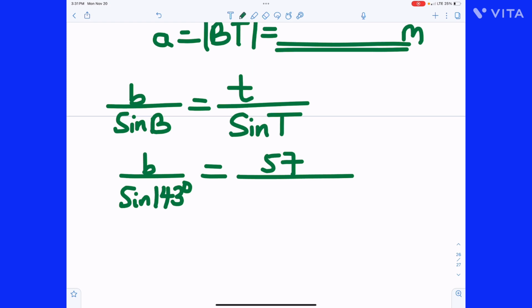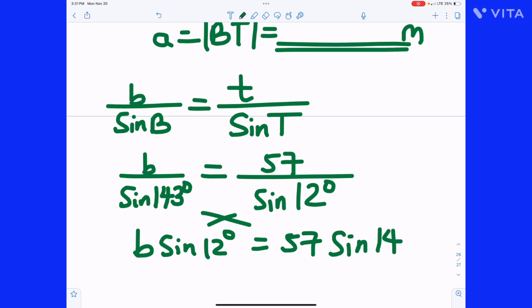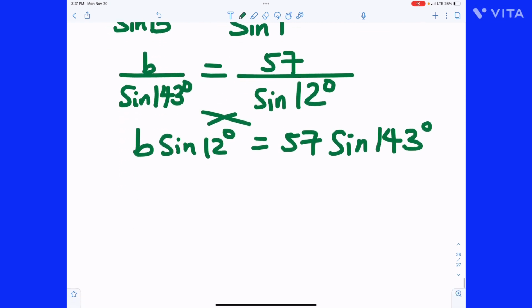I can take it out, over sine T, which is 12 degrees. Is that clear? So you cross multiply it to B sine 12 degrees is 57 sine 143 degrees. Now here, what does this give you? This gives you B is equal to what?